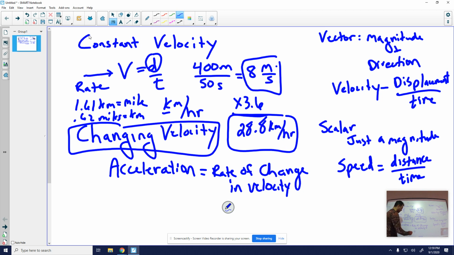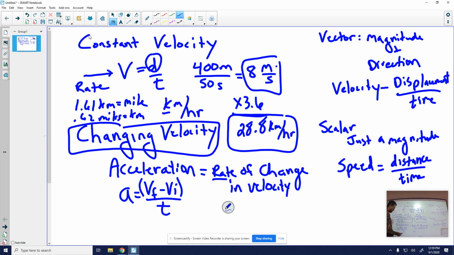Time's got to be the denominator. Why? It's a rate. So we usually use this equation, change in velocity, final velocity minus initial velocity, divided by time. That's kind of in parentheses. You got to do that subtraction first. We want the change in velocity. How much did your velocity change divided by how long it took in seconds. And that would give you your acceleration.